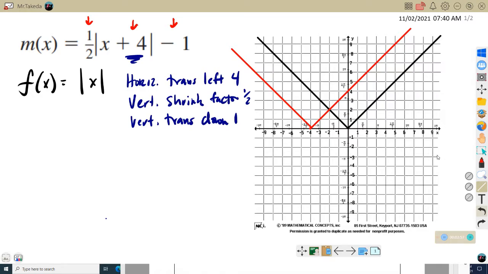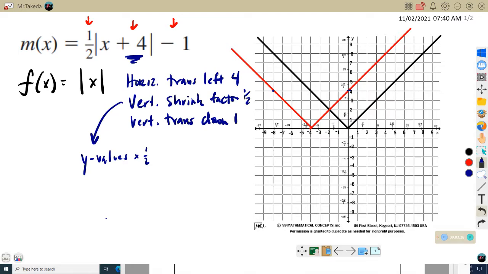And the vertical shrink by a factor of 1/2. So what does that mean? Vertical is going to be our y values, and I'm going to multiply them by 1/2. I just need to find a couple of them, because I know that right here, y is 0, and 0 times 1/2 is still 0. That's not going to move. So let's find some even numbers here. Here, y is 4.